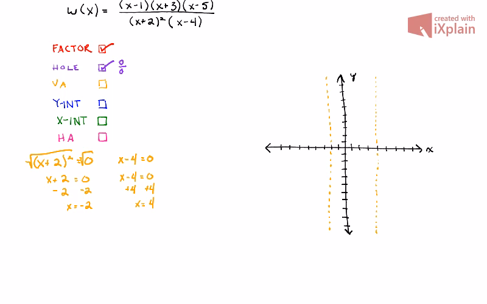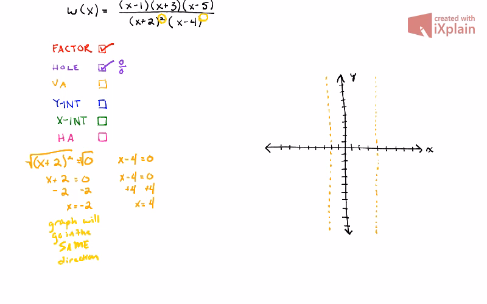Okay, and something else to keep in mind when we are doing this is I want you to take a look at the degrees of each of these binomial factors. So the fact that x plus 2 has an even degree is going to tell me that the short-run behavior as the function approaches those vertical asymptotes, the graph will go in the same direction.